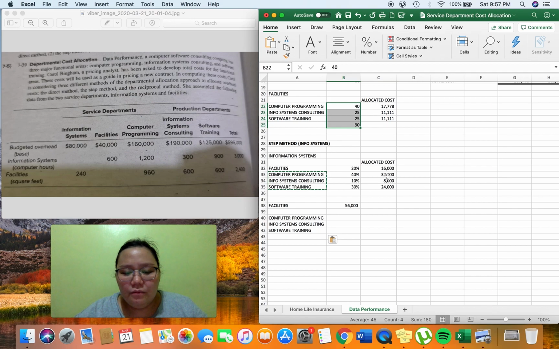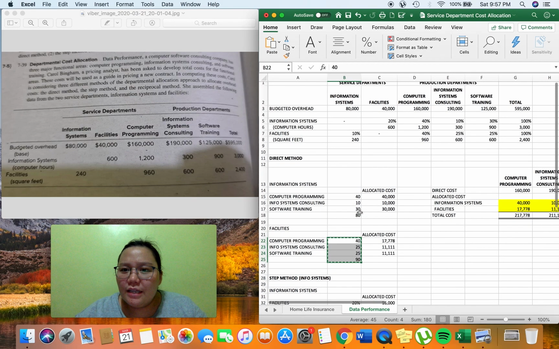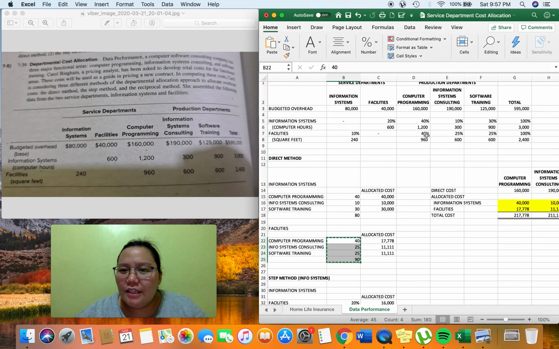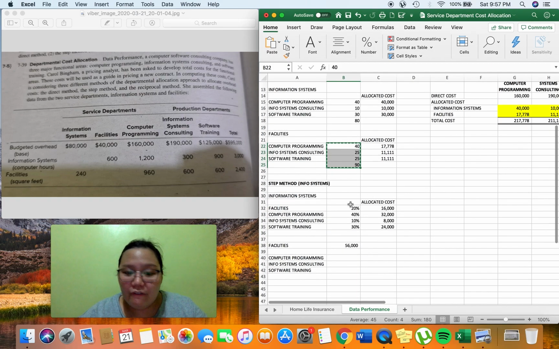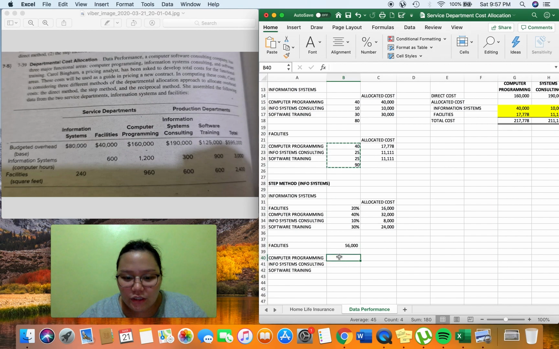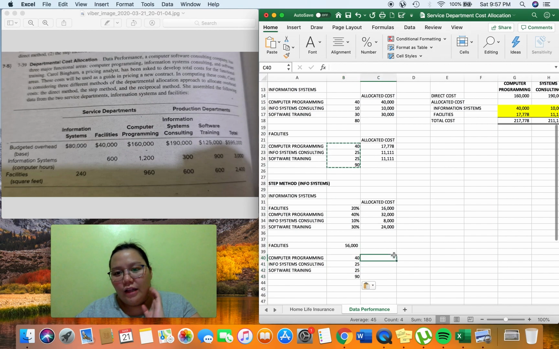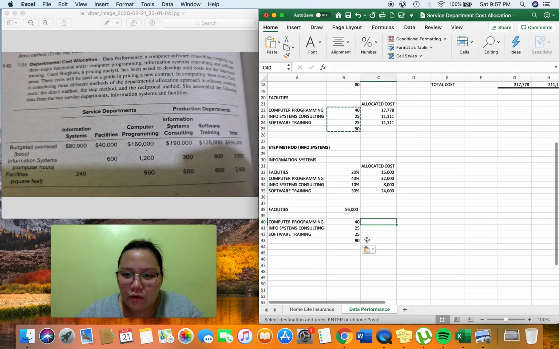And because of that, diba? Pag binalikan natin kasi yung percentages natin earlier, since mawawala na naman to sa facilities, hindi na naman siya makakatanggap, we all have 40, 25, and 25. So, we can just copy this one. So, yun na gagamitin natin allocation. Okay?